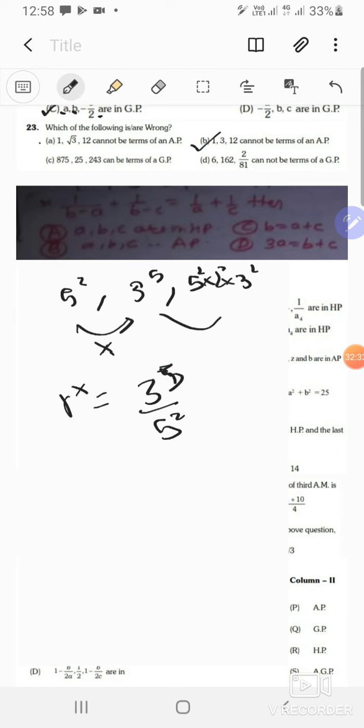And then similarly you have to multiply y times to get to this thing, so that will mean that r to the power y equals 5 squared into 2 squared upon 3 to the third power. Okay, cool. So can these two be equal for some integers x and y? That's what we basically want to find.